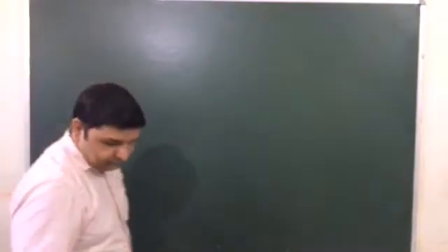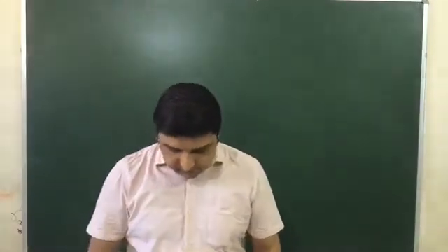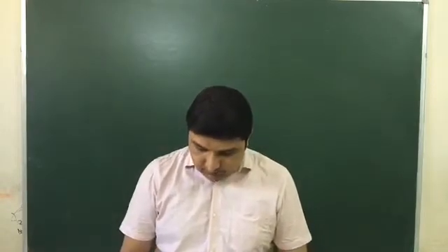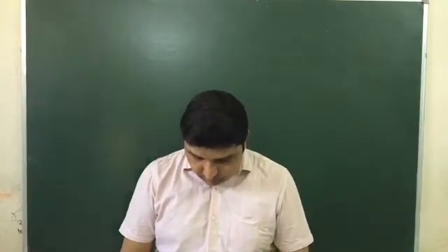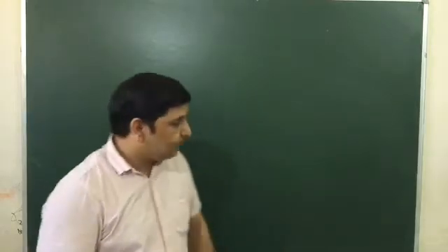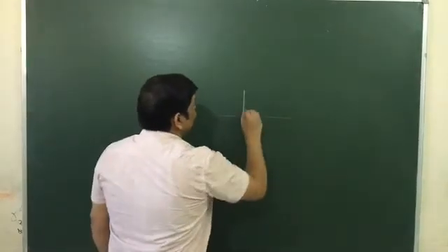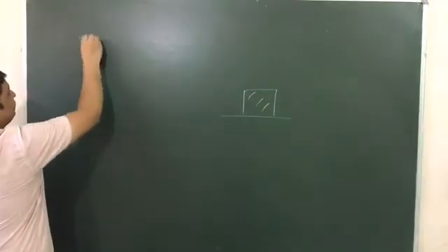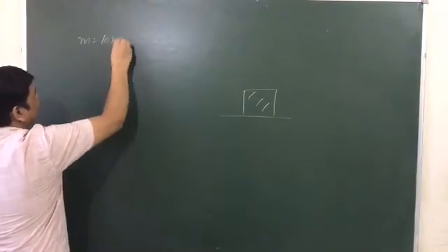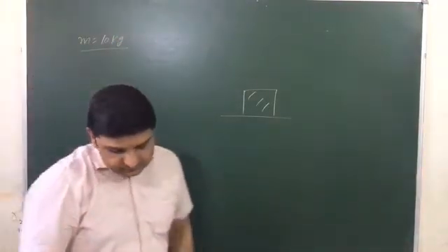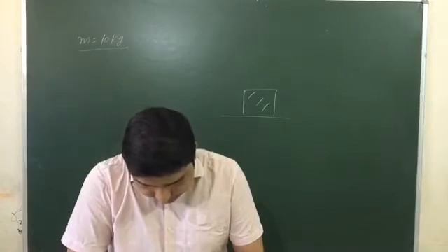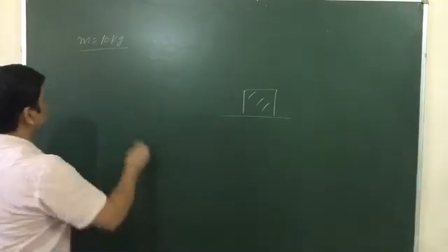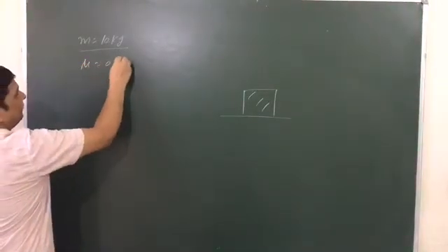Now, next question, question number 4. A force of 100 Newton is applied horizontally on a block of mass 10 kilogram, placed on a horizontal floor with coefficient of friction 0.5.